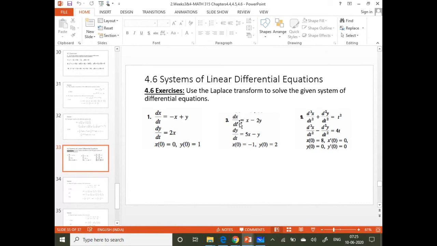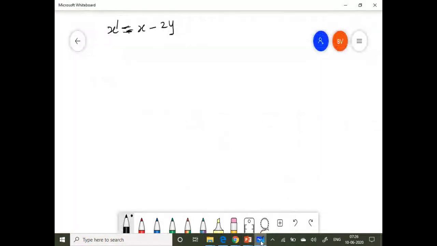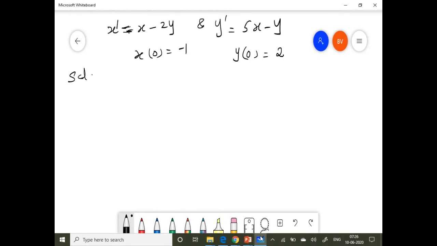Yes, dx by dt is x prime is equal to x minus 2y. Y prime is equal to 5x minus y. Here the condition for x is x of 0 is -1, and for the second equation y of 0 is equal to 2. Here we go to solve the problem.